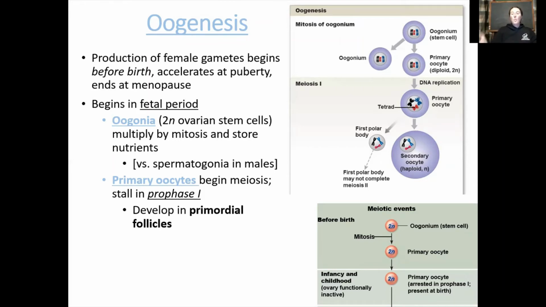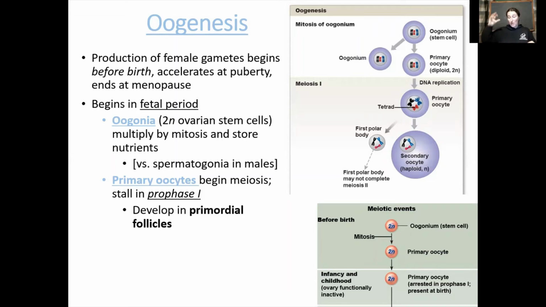While meiosis is happening in these cells, there are a series of cells that are going to surround this developing cell, this meiotically active cell. That kind of shell around the primary oocyte is called a primordial follicle. Primordial should make you think of something ancient, and the idea here is that these are the oldest of all of the follicles.